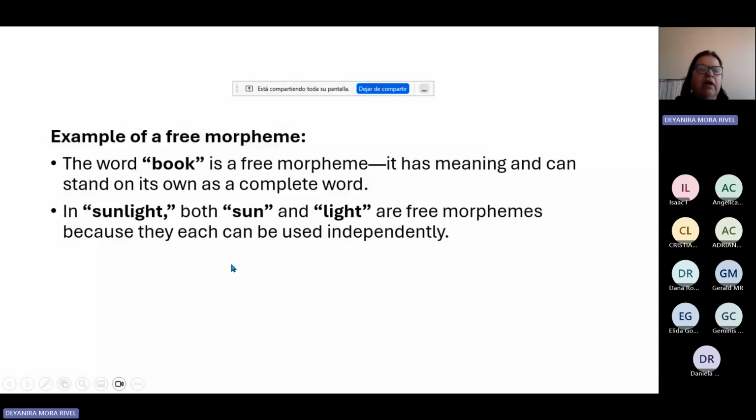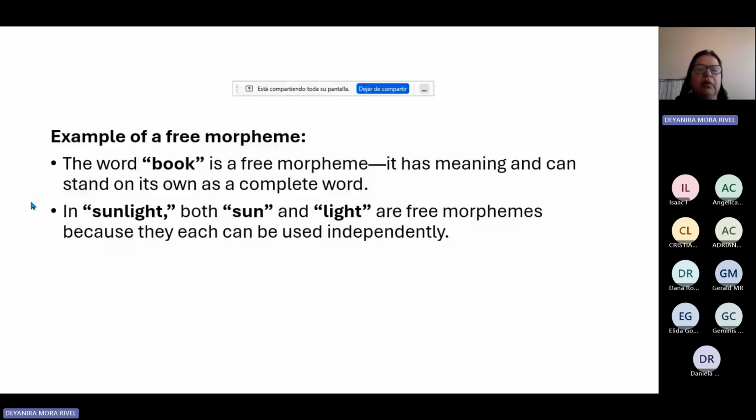Then we have the word sunlight, which is a compound, and we're going to see compounds later on. But you know compound words. They are words that have a different meaning when they are together. Sometimes compounds are separated or they can also be in one single word, like in sunlight.